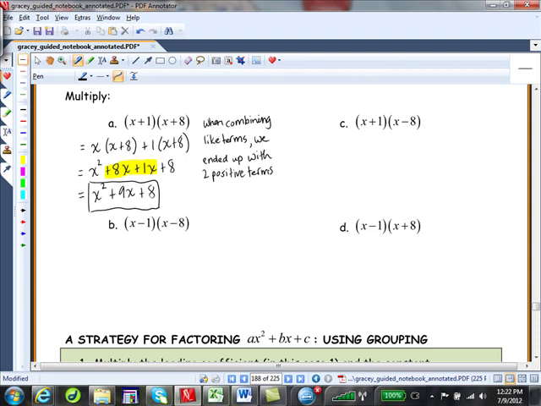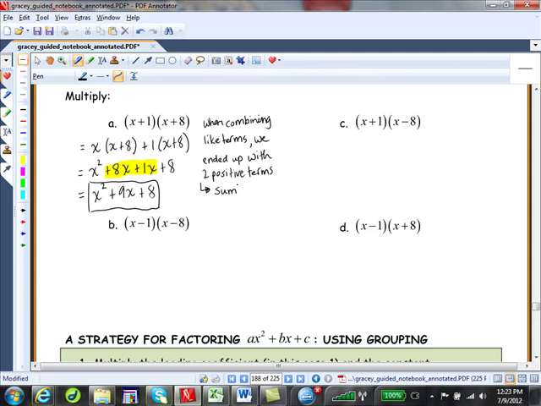And when you have two positive terms, you end up with a sum. When you have the same sign, remember, you're summing. So we had a sum of two positives.